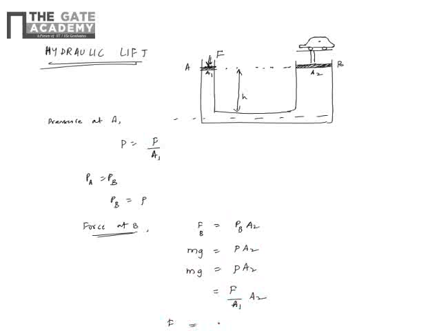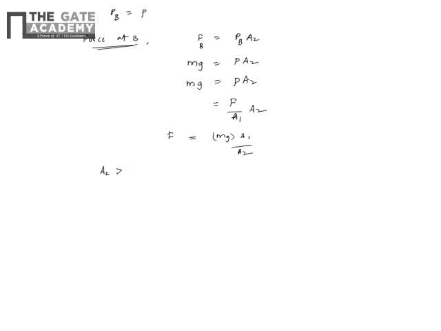So now the effort that you apply is F, which is mg A1 by A2. Remember that A2 is larger than A1, hence the effort F applied is very much less than the weight of the car, but still you are able to balance the car, or lift the car.